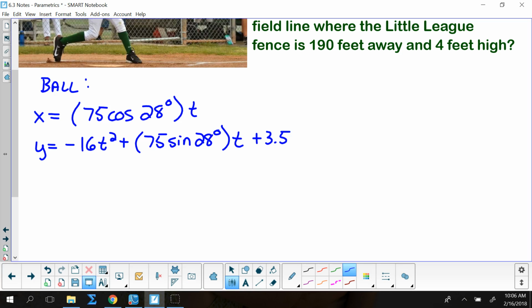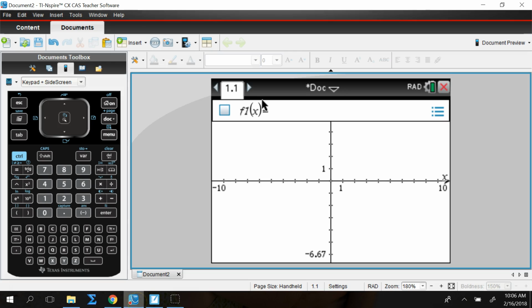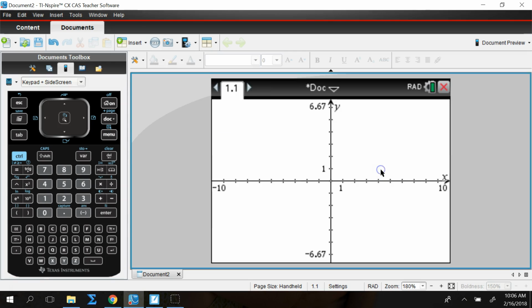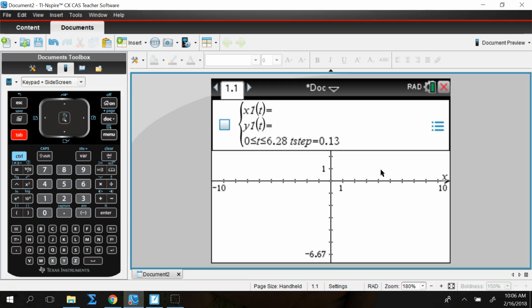Okay. So let's put that on there. I'm going to go over here to the computer and put it on because it's easier to put on.